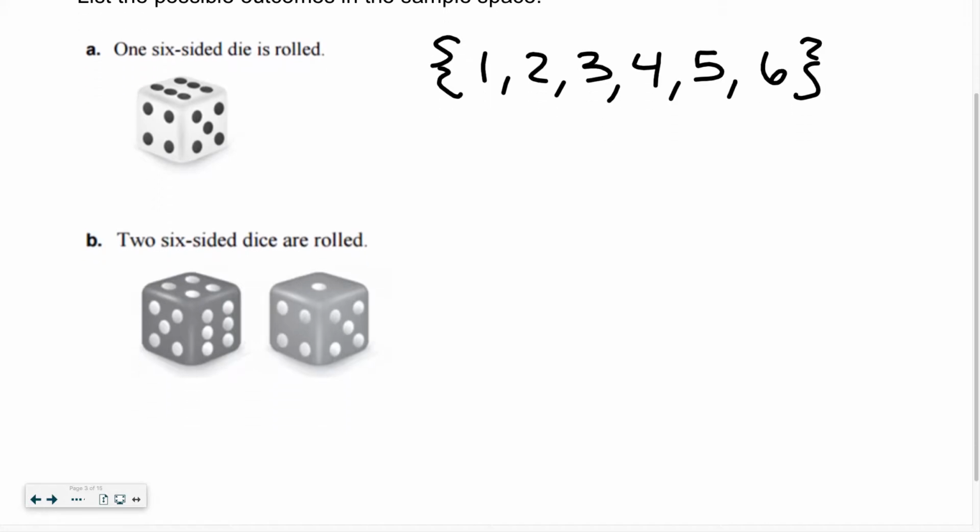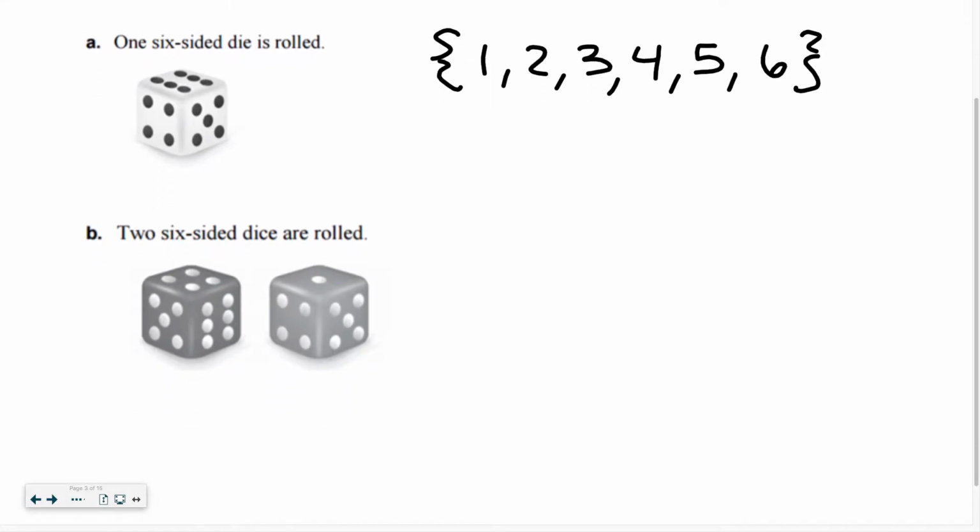Okay, now I do want to take a little bit of time to talk about rolling 2 dice. There are different ways that you can find the sample space for rolling 2 dice, like what are the numbers that are going to be on the dice. And one that I want to show you is what I would call a tree diagram. We're going to see this a couple more times in our probability chapter.